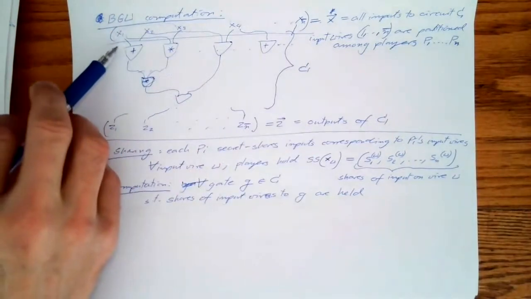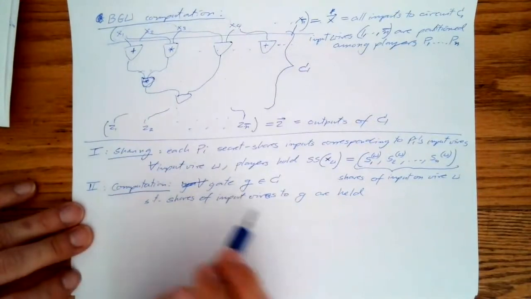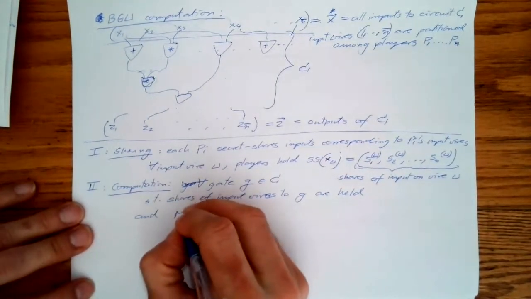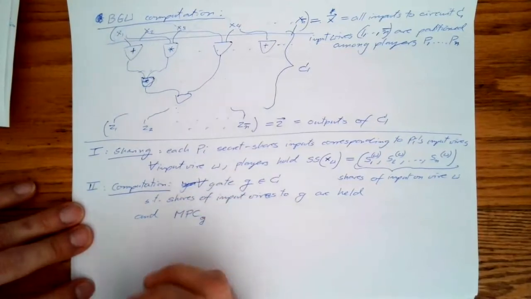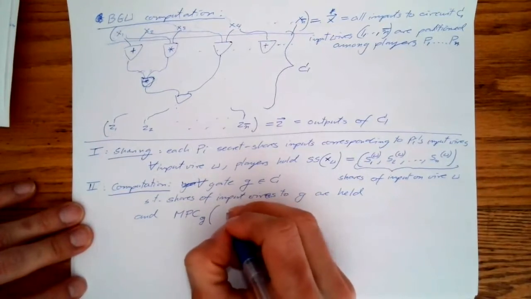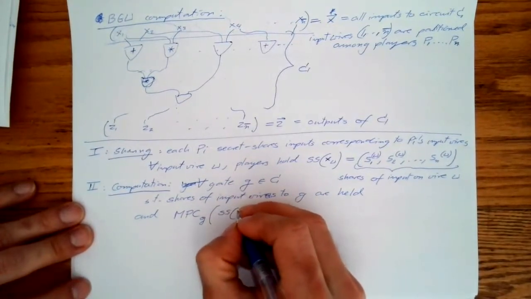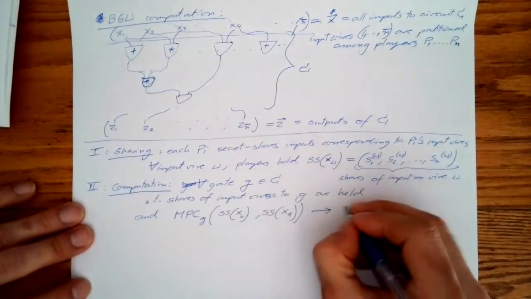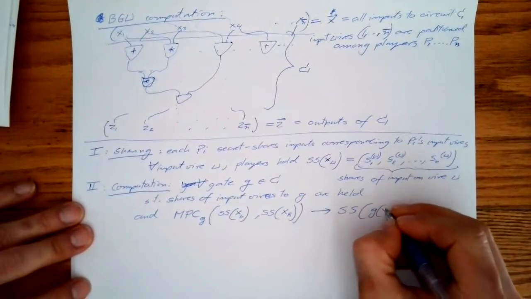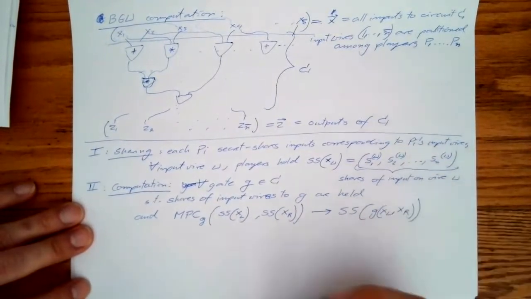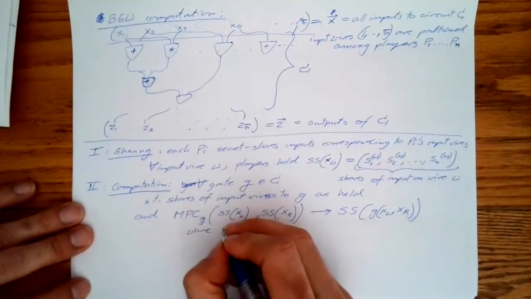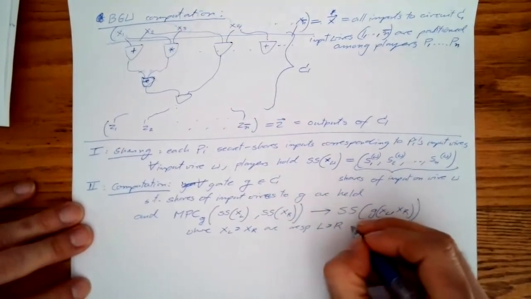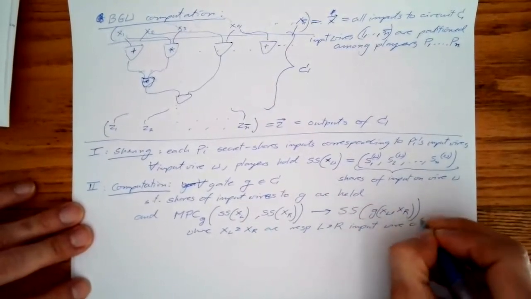But in whatever order, in the first layer of the circuit, take the gate and apply an MPC protocol corresponding to this gate that takes the secret sharing of XL and a secret sharing of XR and creates a secret sharing of the gate applied to XL and XR, where XL and XR are respectively the left and right input wire of gate G.